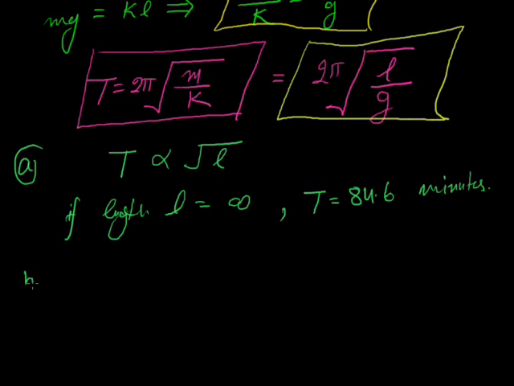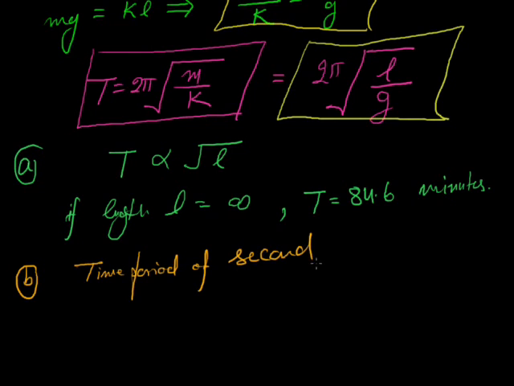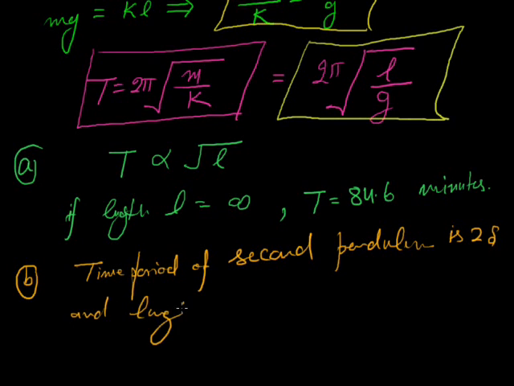Another point, B. The time period of a second pendulum is 2 seconds, and its length will be approximately 1 meter, that is 0.993 meter.